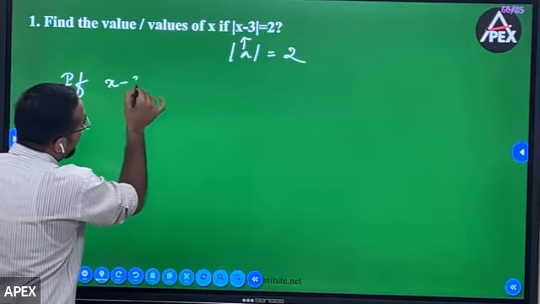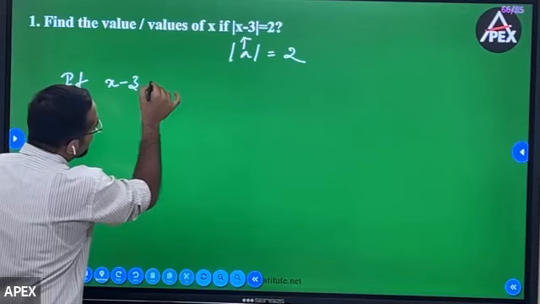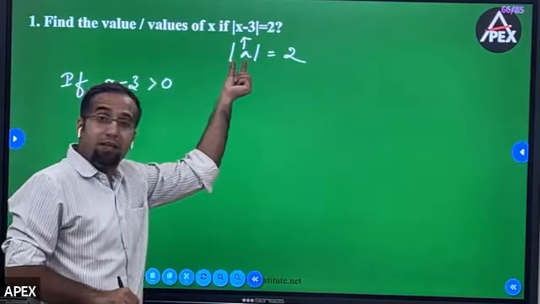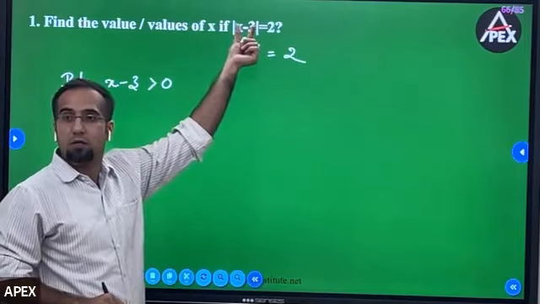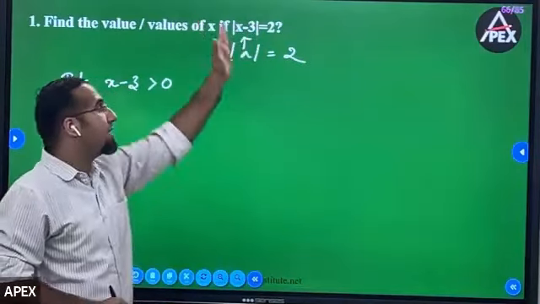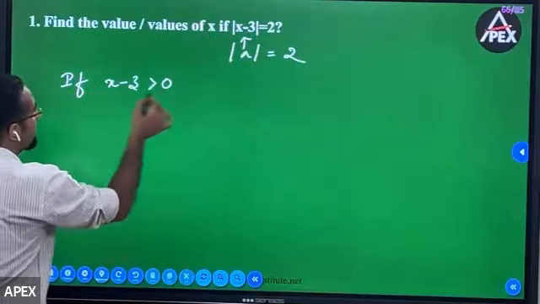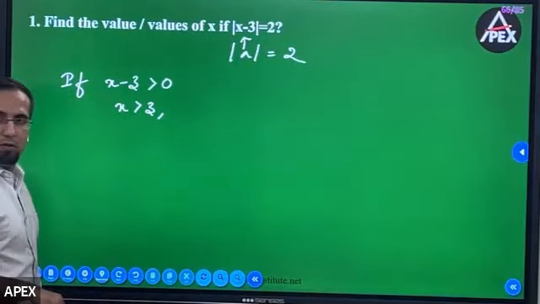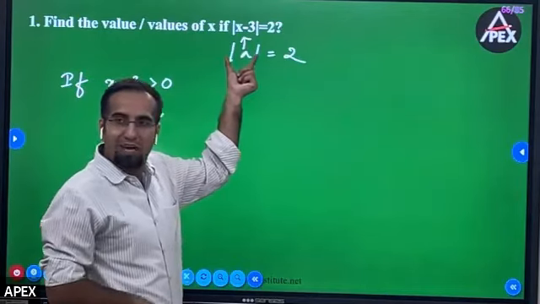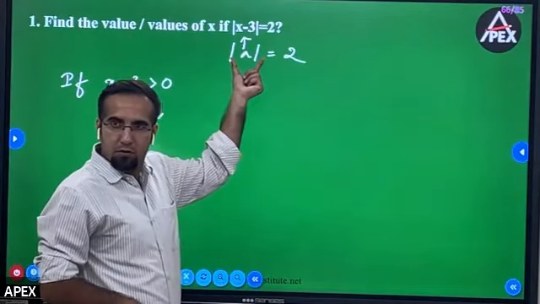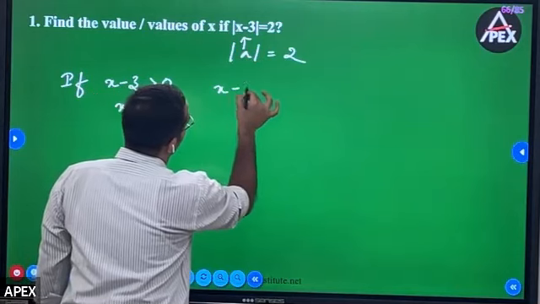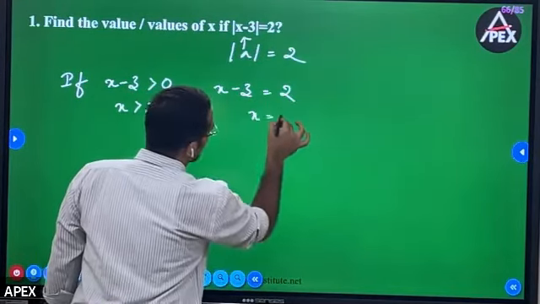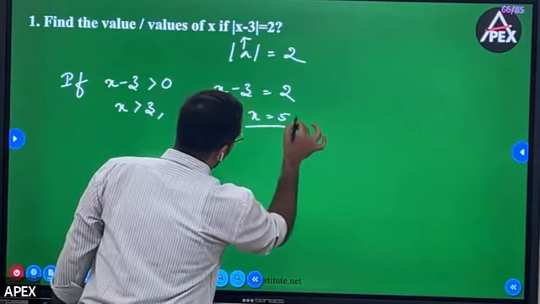If x minus 3 is greater than 0, which means if x is greater than 3, then mod a will be equal to a. So what is a? A is x minus 3. So I'm saying x minus 3 is equal to 2, which means the value of x is equal to 5.